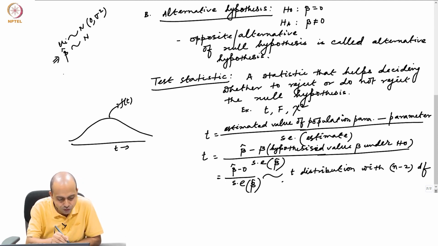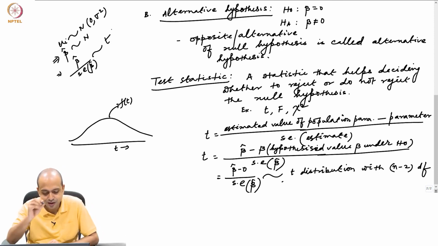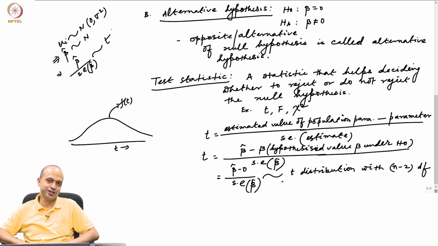And when beta hat follows a normal distribution, obviously beta hat by standard error of beta hat will also follow a distribution which is similar to normal, but with a little flatter tail, because we are dividing that by standard error of beta hat. Is this clear? So, ui follows a normal distribution, that is why beta hat is also following a normal distribution.